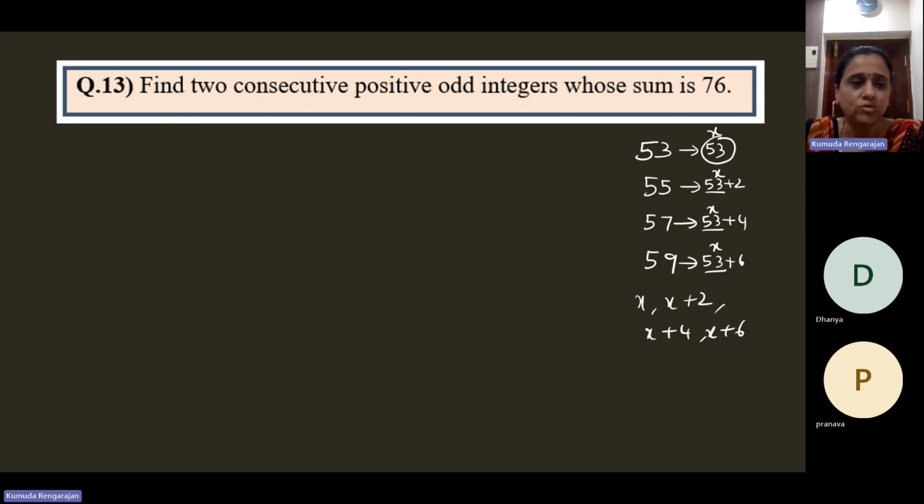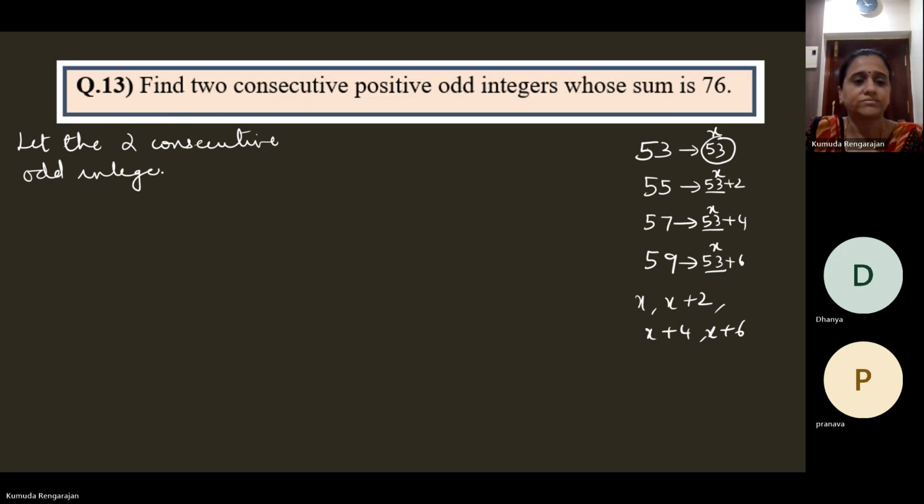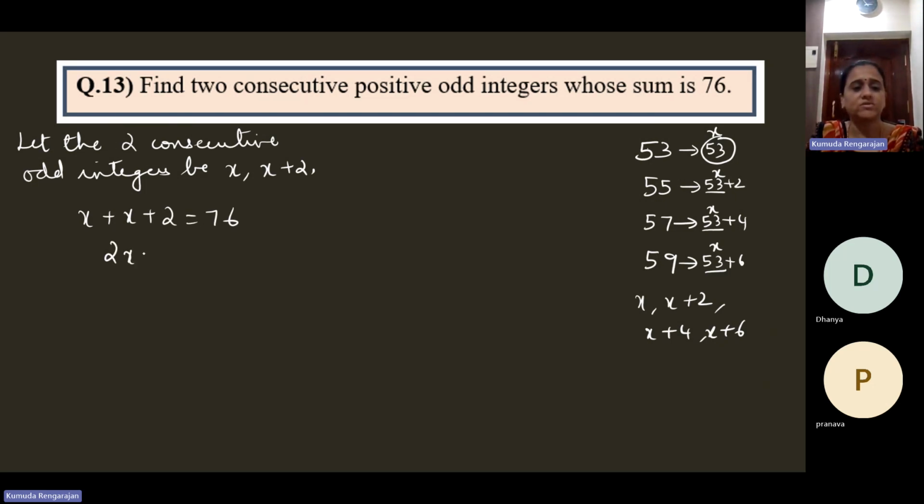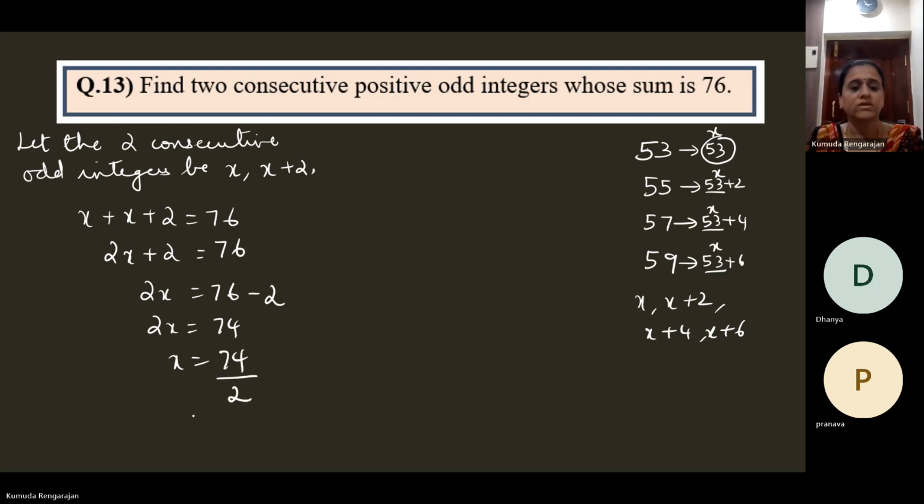But here we have to assume only 2. So let the two consecutive odd numbers or odd integers be x and x plus 2. And then the sum is 76. So x plus x plus 2 is equal to 76. 2x plus 2 is equal to 76. 2x is equal to 76 minus 2. 2x is equal to 74. x is equal to 74 by 2. x is equal to 37.